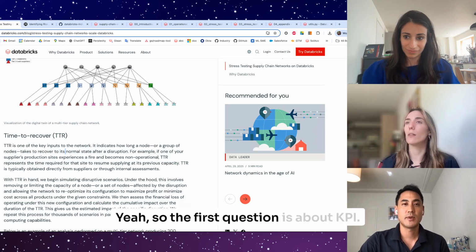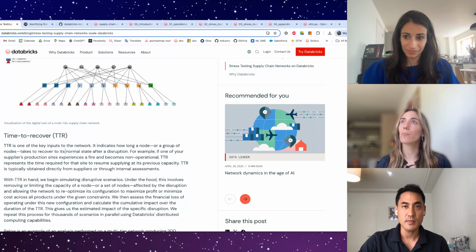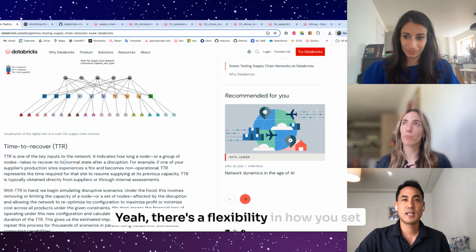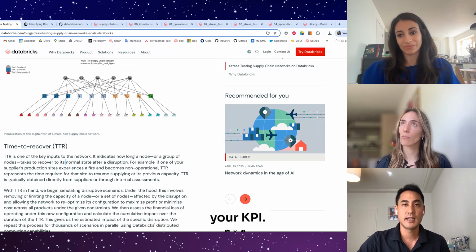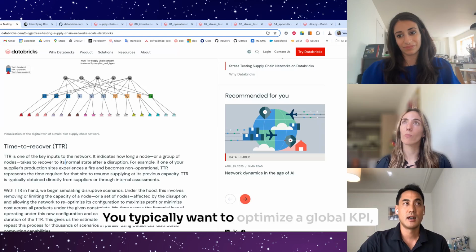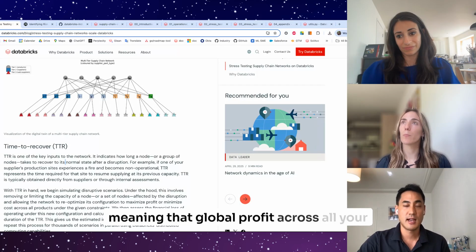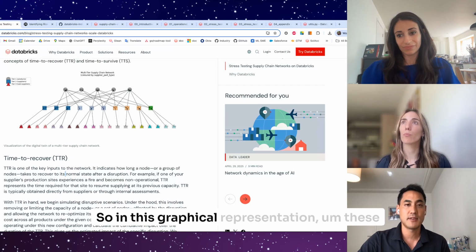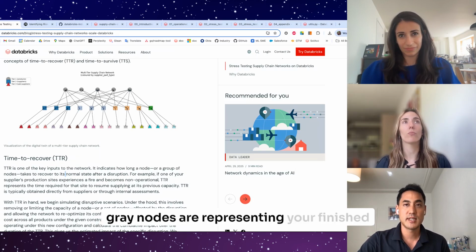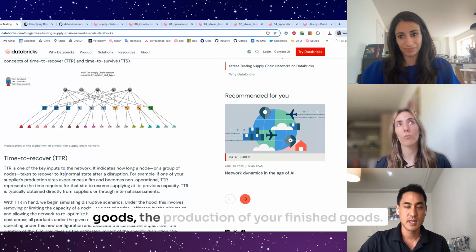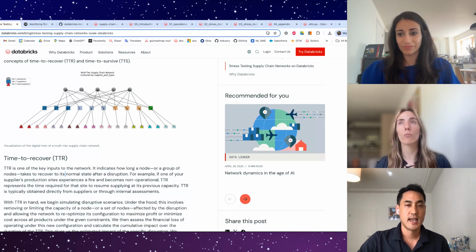Yeah, so the first question is about KPI. There's flexibility in how you set your KPI. You typically want to optimize a global KPI, meaning global profit across all your finished goods. So in this graphical representation, these gray nodes are representing the production of your finished goods.